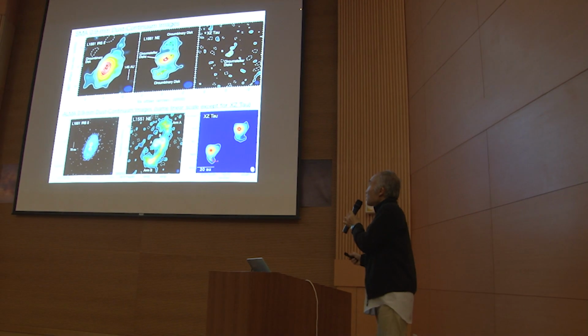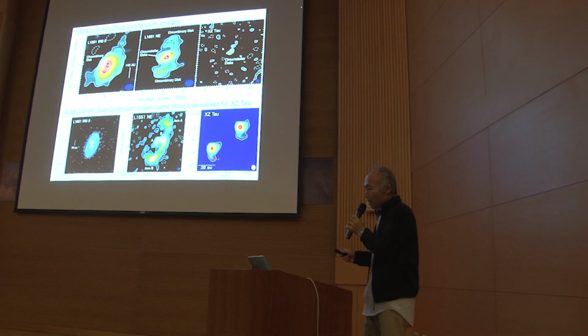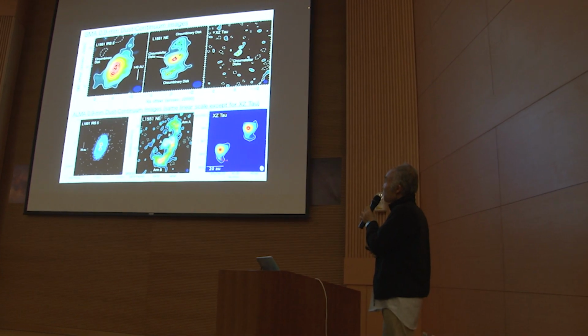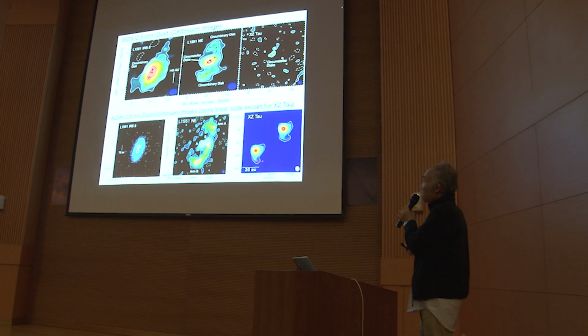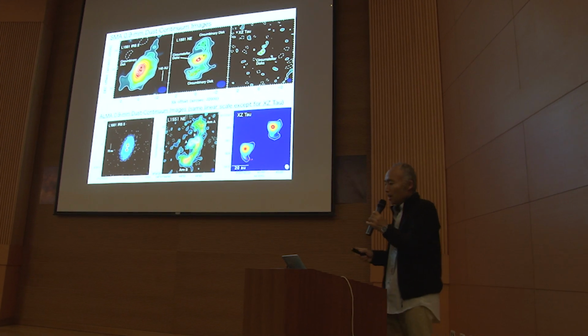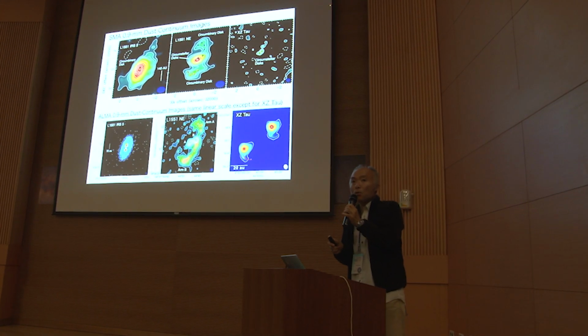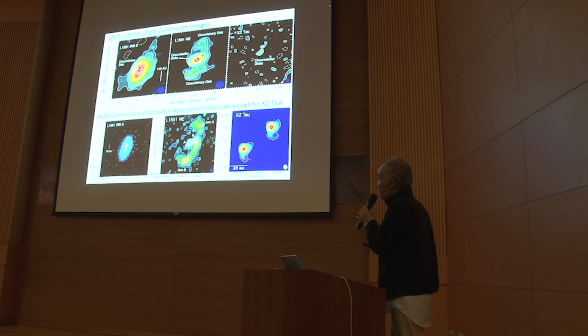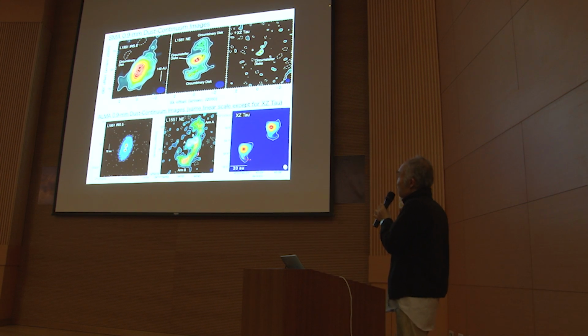In L1551 NE, you see two arms, including the so-called m=1 mode. The spiral arms are skewed towards the western part, which is much brighter than the eastern part.